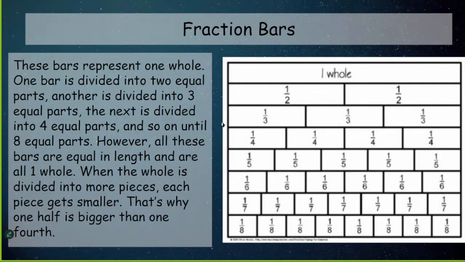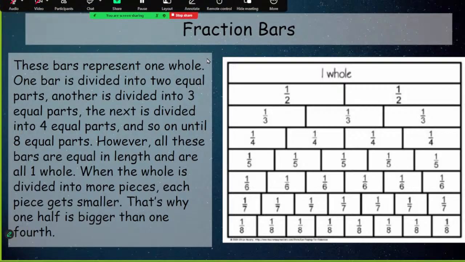But let's say you want to have 3 pieces. Then you can split it into 3 parts. Then you can do 4 if you wanted, or 5, or 6, or 7, or 8. But you will still always have the same amount. If you have a chocolate bar and you split it into a bunch of different pieces, that doesn't mean you have more chocolate. It just means you have the same amount of chocolate just split into different pieces.